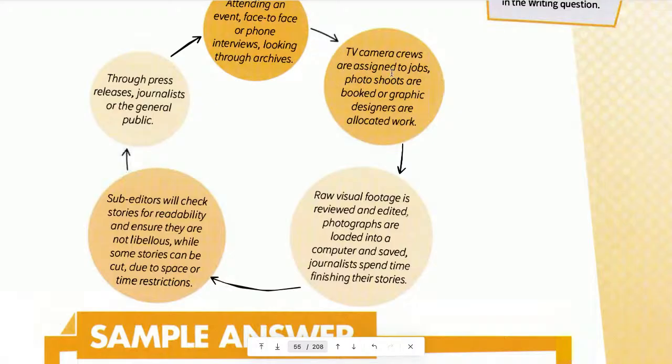So you see in kind of formal writing, they use passive form, not active form. And normally passive form is quite hard to understand. So here you see TV camera crews are assigned to jobs. If I change that to the active form, it would have this kind of meaning, very easy. Like some people give some jobs to the TV camera crews.